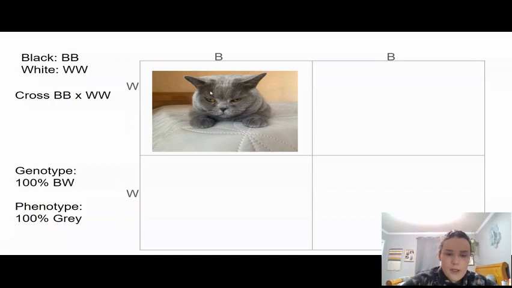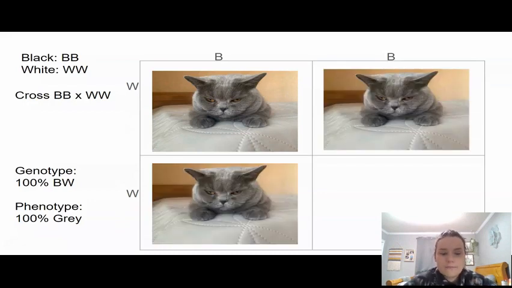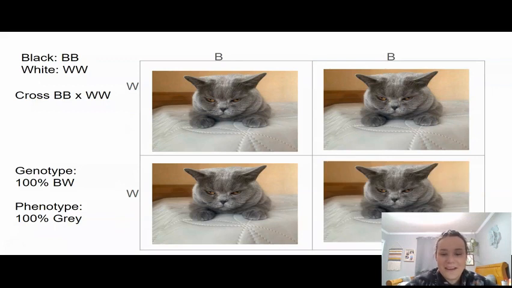We are going to get a gray cat that's going to have the genotype BW, another gray cat, another gray cat, and another gray cat. So 100% of the offspring, when you're looking at something that's incompletely dominant, are going to be a mix between the two parents. We're going to see gray.